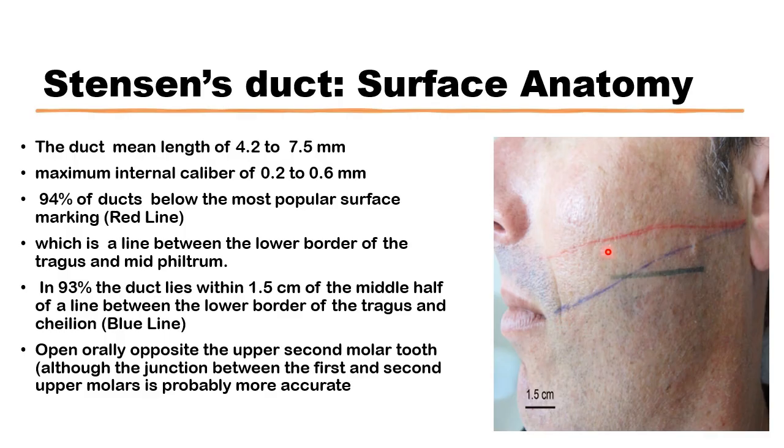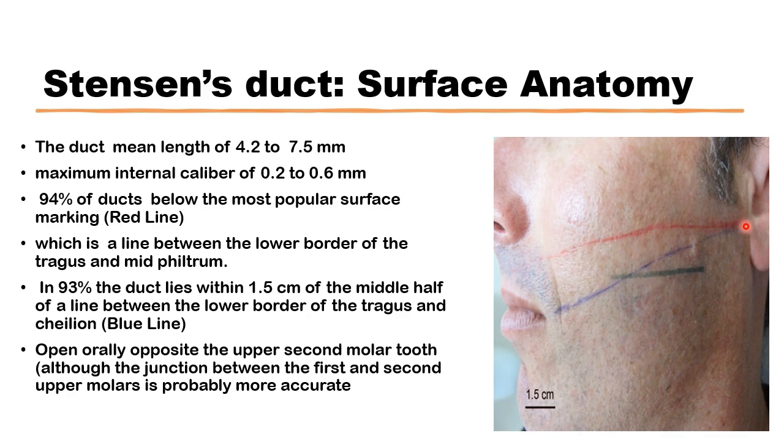It's now recognized that the red line is perhaps a little higher than the actual position of Stensen's duct, so that 94% of individuals will have their duct much lower than the red line. This was the commonest surface landmark of the Stensen's duct.